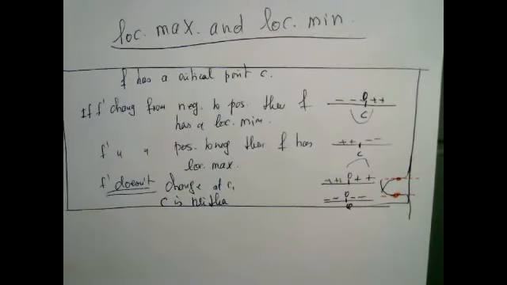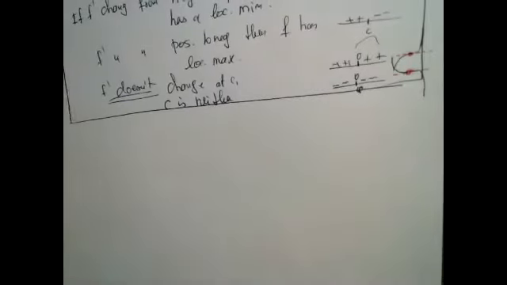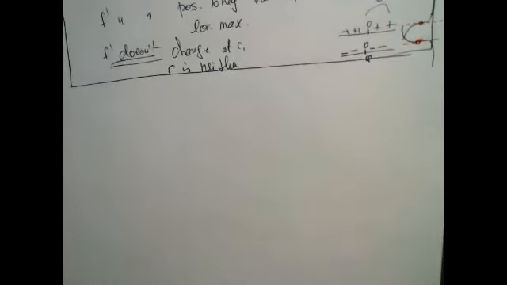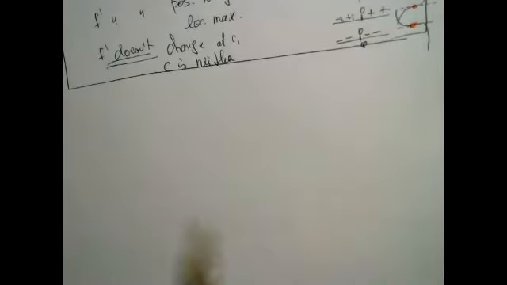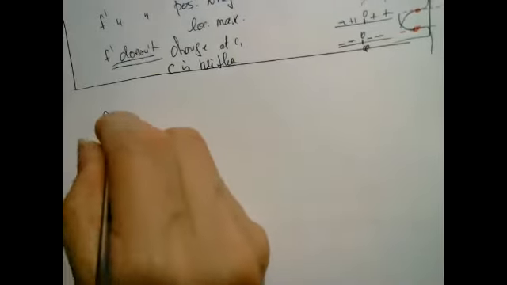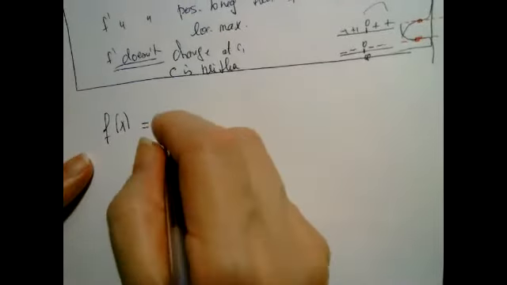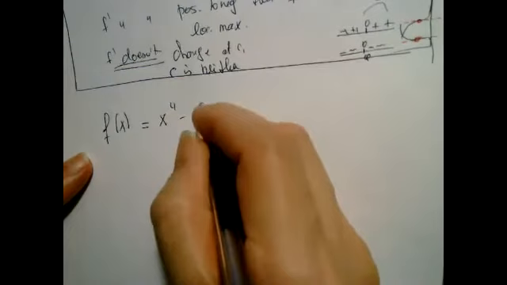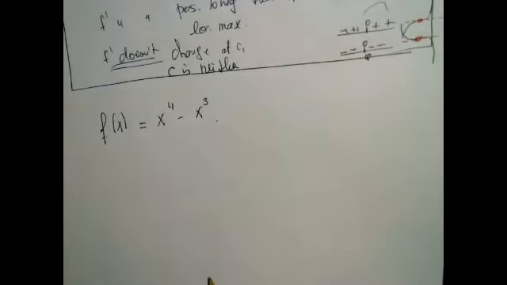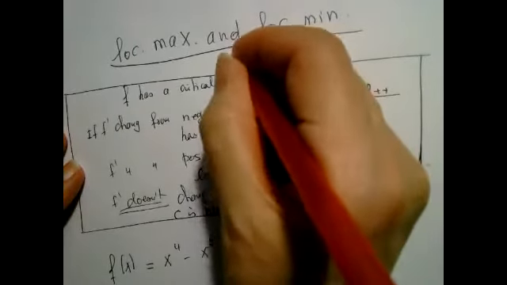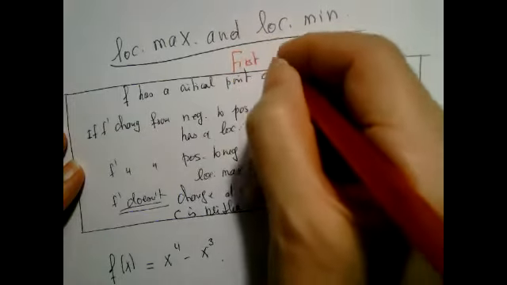Okay. All right. So let us have a problem to put those ideas together. Let's consider the function x to the 4 minus x to the 3. And the questions are, find the critical points. And sorry, I forgot to mention that this is called the first derivative test, because we will study something called the second derivative test.